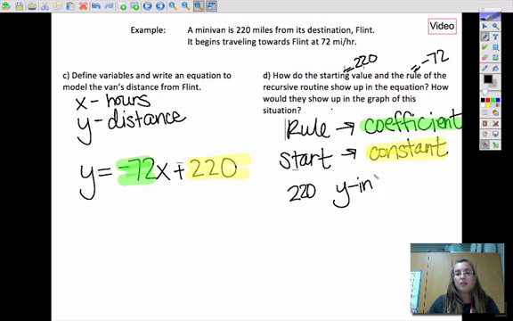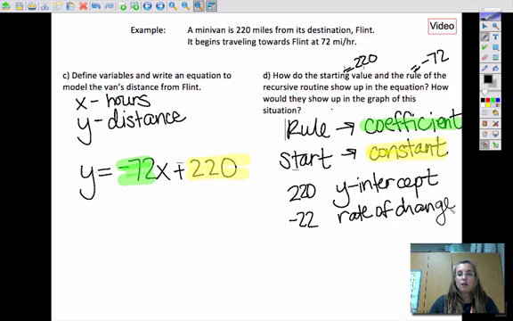We call that the y-intercept. Okay, and negative 72, our rule, is going to show up as our rate of change or our slope, okay, which mean the same thing.